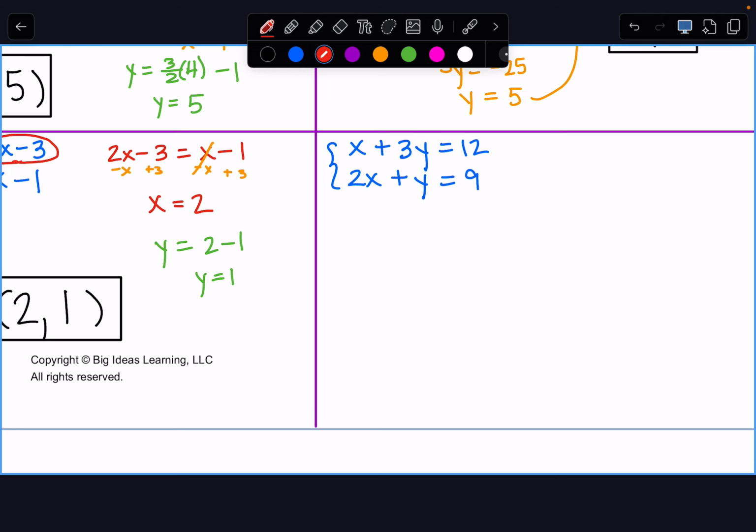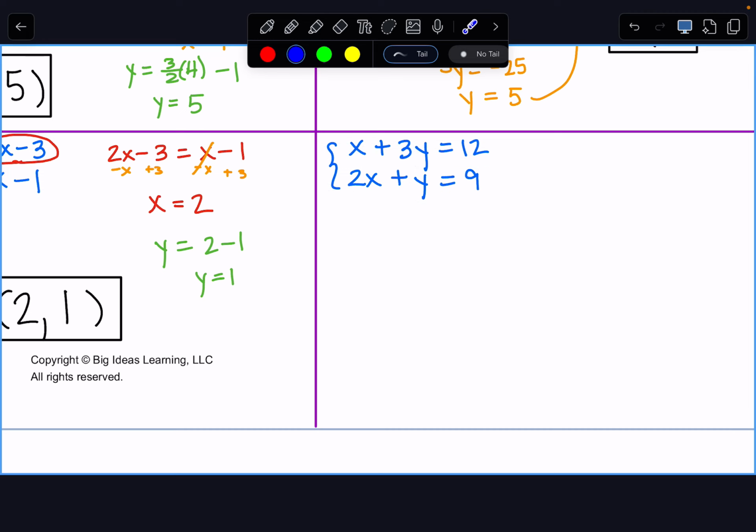It'd be a little bit more work, but you still could do it. It doesn't matter what you choose as long as you do it correctly. So let's vote. How many of you would like to take the first equation and solve for x? How many of you would like to take the second equation and solve for y?